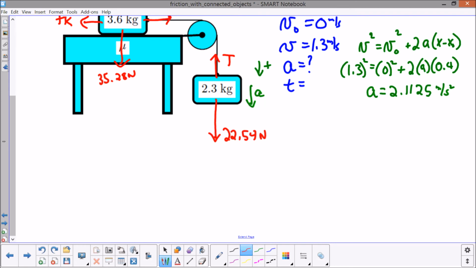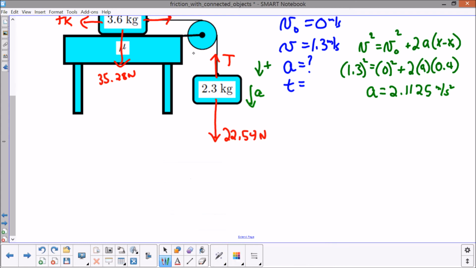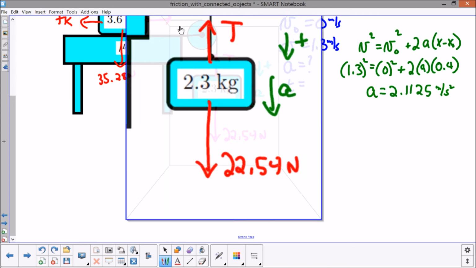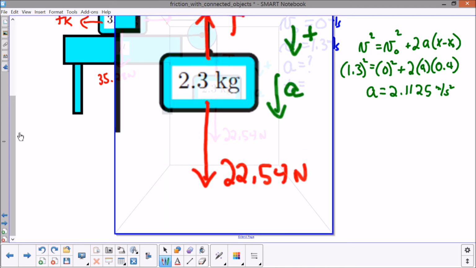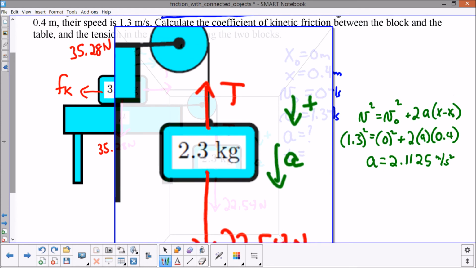Looking at just this hanging block, we have the tension pulling up on it, but that's going to be in my negative vertical direction because I'm saying that down is positive. And I have 22.54 newtons acting down on it, which is going to be in my positive vertical direction.